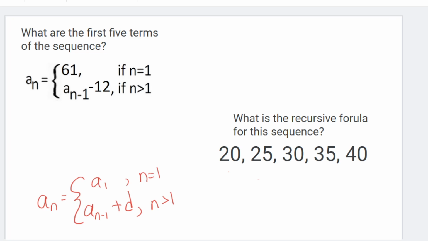Now there's a couple of features here, a couple of terms that I'm trying to help you out with. So a sub n usually means the last term or the final term. a sub n minus 1 means the previous term. So it's whatever term you're considering before this one.